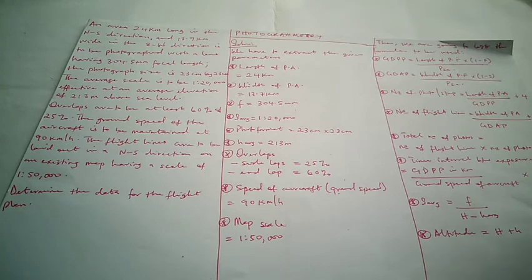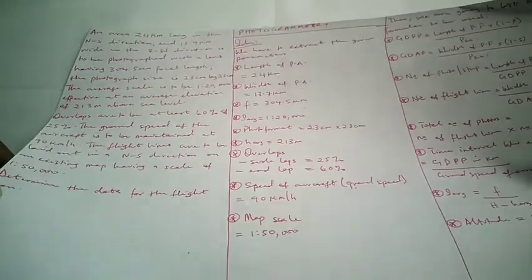The overlaps for the coverage are 60% and 25%, and the ground speed of the aircraft, the platform mounting the camera, is to be maintained at 90 kilometers per hour. The flight lines are to be laid out in a northeast direction on an existing map having a scale of 1 in 50,000. We should determine the data for the flight plan.